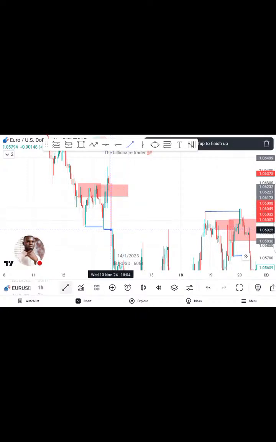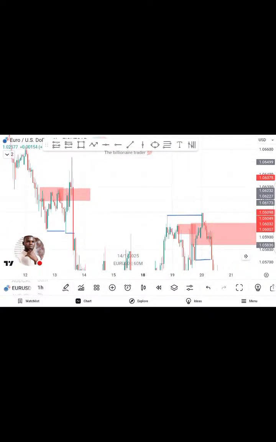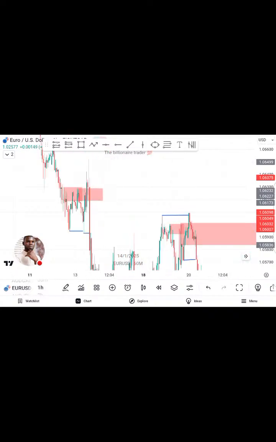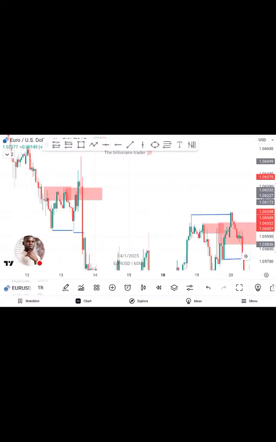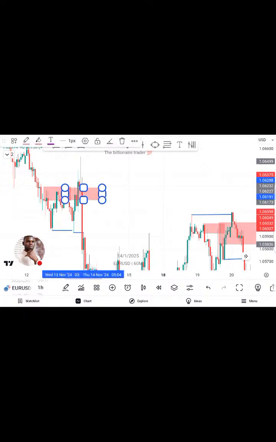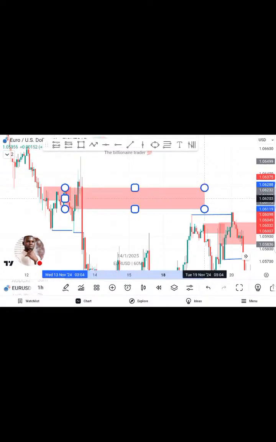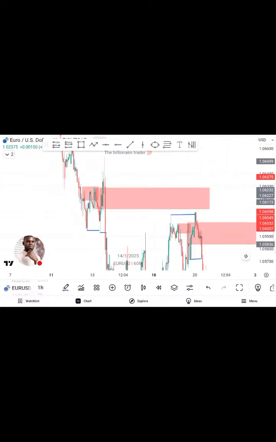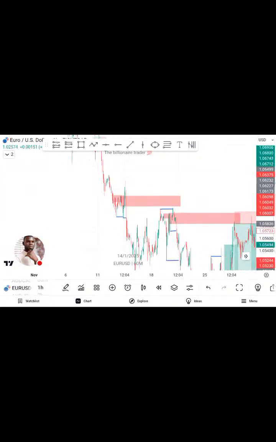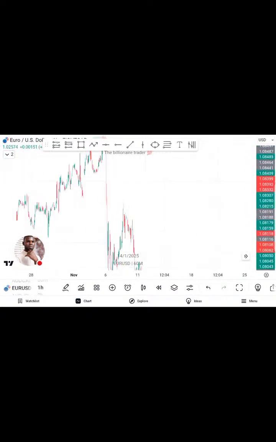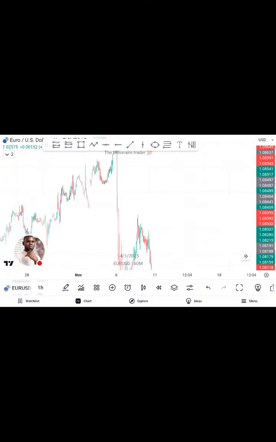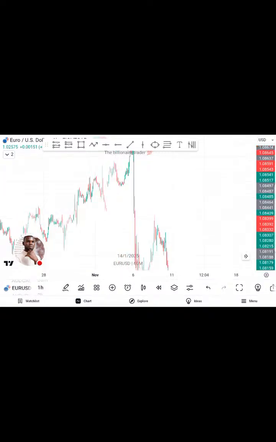Boom. Price did not get to the area. So that's just it. That's what I learned while doing my short study. So that's exactly what I learned.